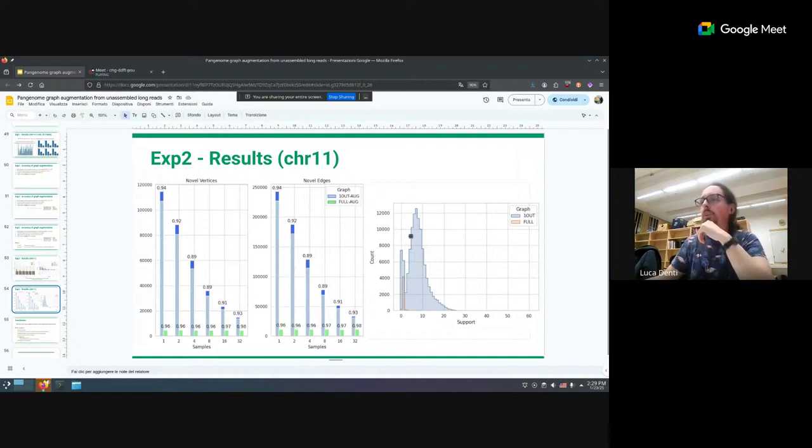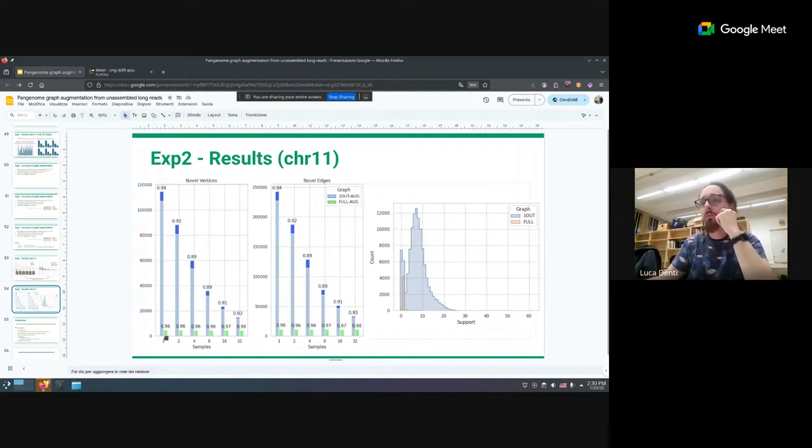And here I plotted the support that we have on all the novel vertices. We can see that in the full graph, when we augment the full graph with information from the read sample, we have a peak here, which should be a peak at 1, meaning that most of the sequencing errors that are left in the reads by the error correction step are actually augmented. So they will produce a new vertex in the graph. This is an issue with our approach that I need to fix.